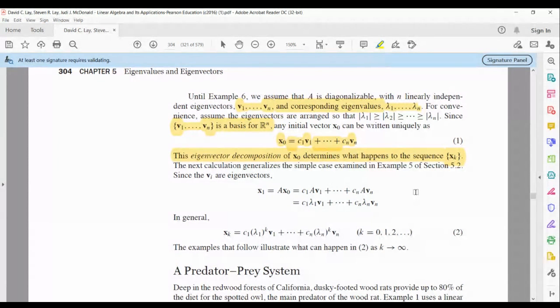For instance, if you have owls and rats, the vector x could be a 2x1 vector, where one element stands for the number of owls you have after k months, and the other element stands for the number of rats you have after k months. That's an example.